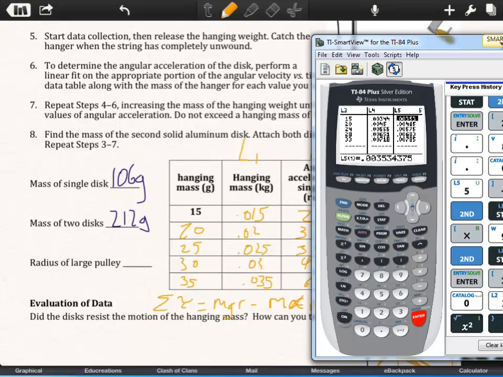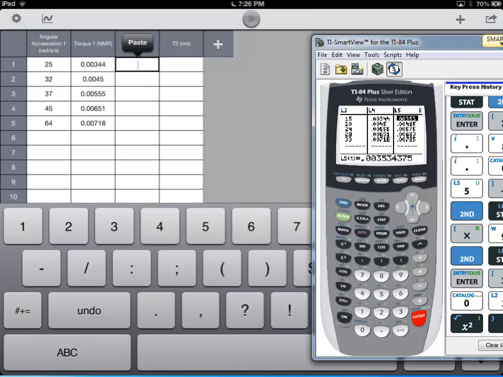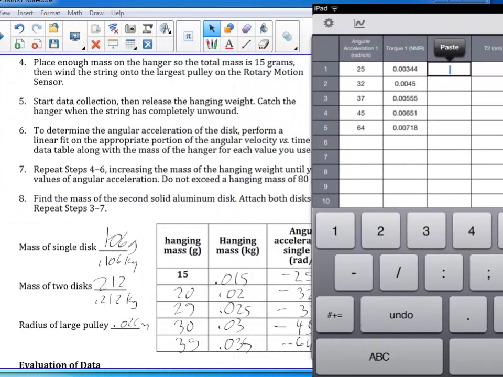So let's do that. Okay, second column, angular acceleration 2. My values for these were about half the ones I had before.